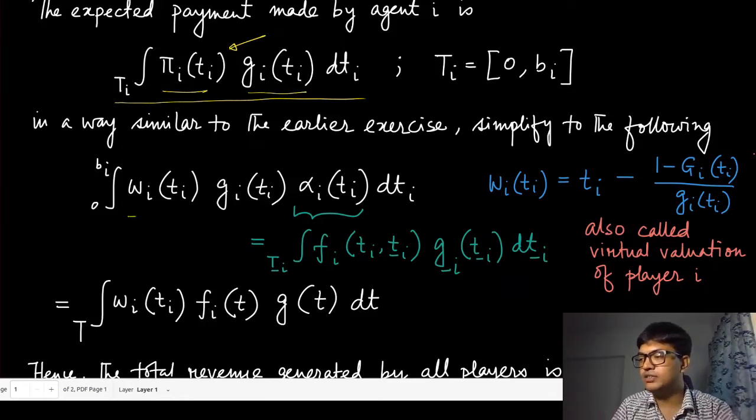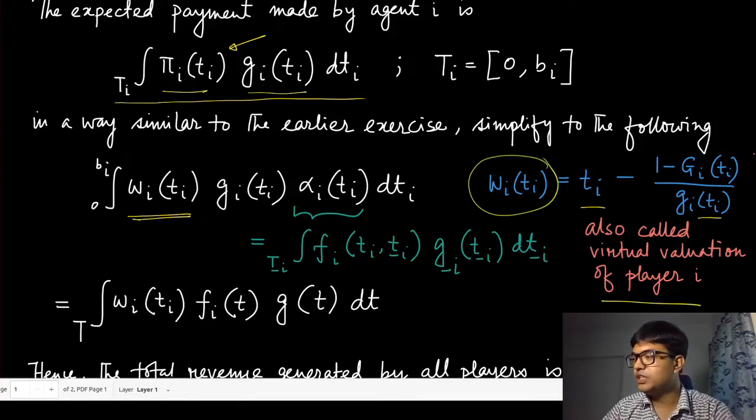Finally we get to this point where we replace that first term, ti minus 1 over GITI, by lowercase GITI. This is the term which we are going to call the virtual valuation of player I. We will be using this term quite often. This is not the exact valuation, because the exact valuation is ti. We are subtracting out something which is dependent on the prior of that type, and that is why we are calling this a virtual valuation.